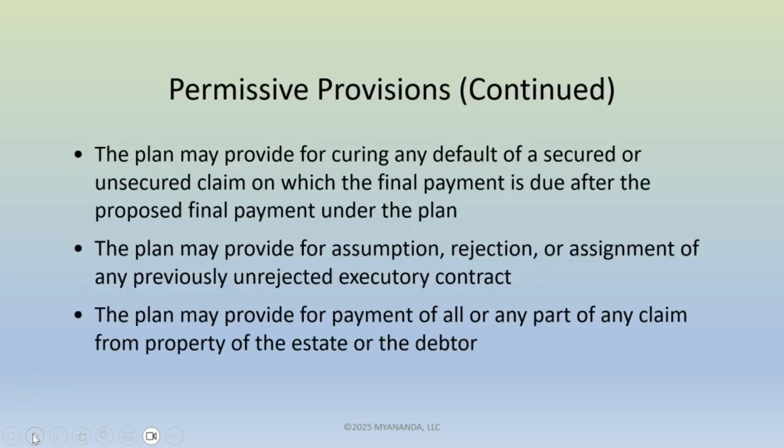They may cure default of a secured or unsecured claim on which the final payment is due after the proposed final payment under the plan. The plan may provide for assumption, rejection, or assignment of previously unrejected executory contracts. And the plan may provide for payment of all or any part of any claim from property of the estate or property of the debtor.